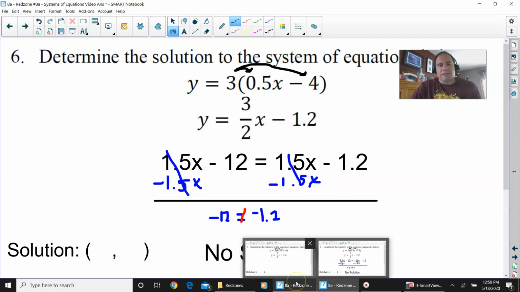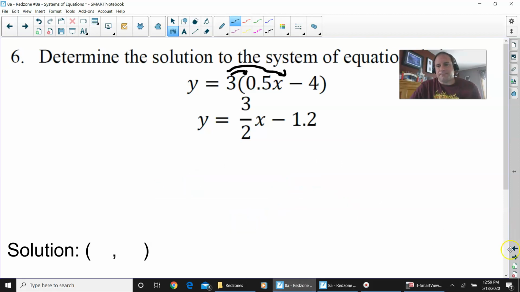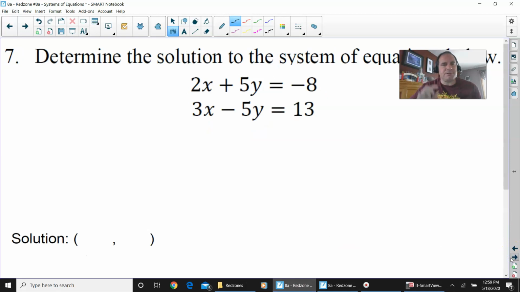All right. So number 7 is something that we've gone over a number of times, but we do have to review and make sure that we actually know this question.